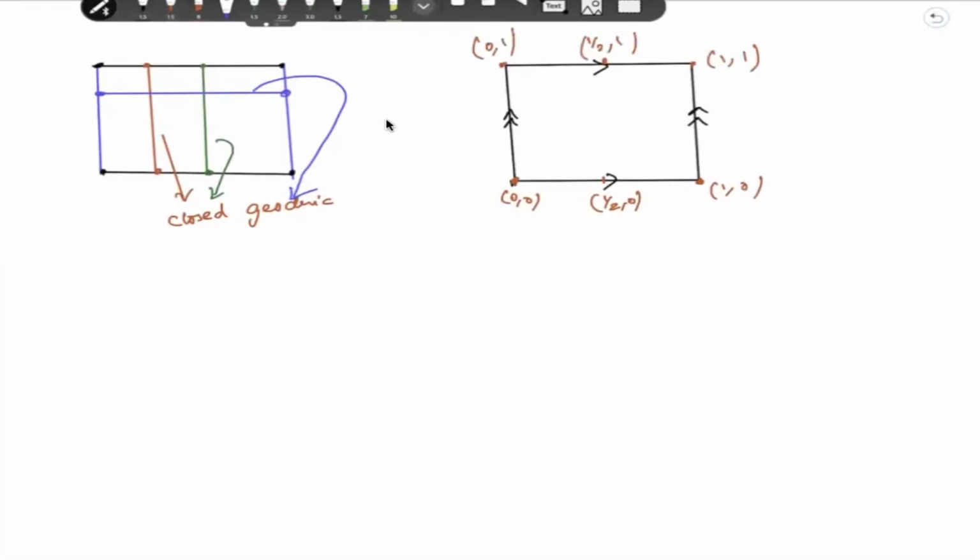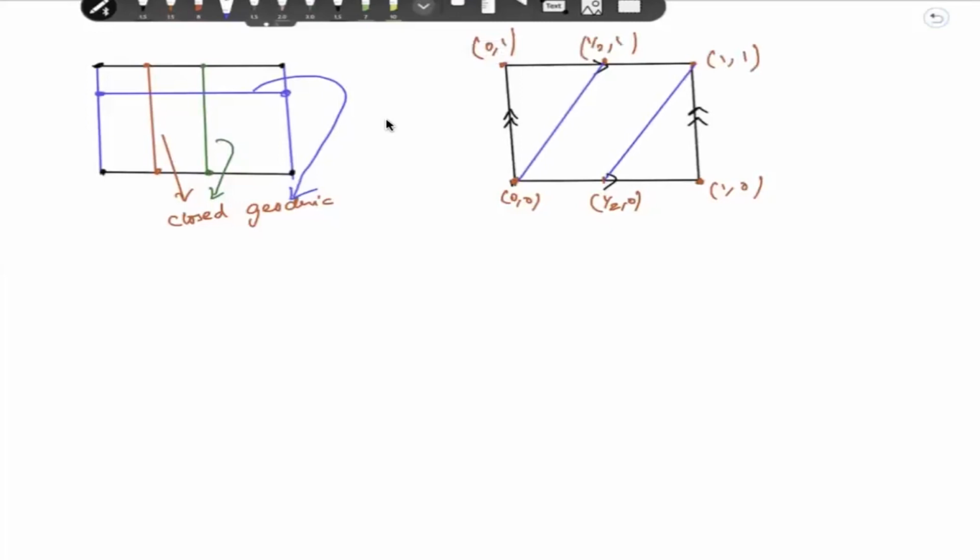Now first take the straight line joining this origin and (1/2, 1). So this (1/2, 1) is identified with the point (1/2, 0), and you take the straight line joining (1/2, 0) to (1, 1).